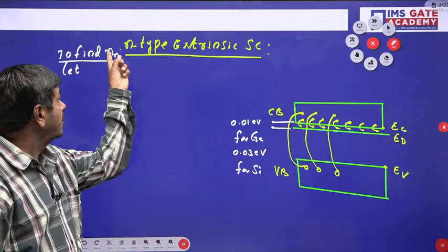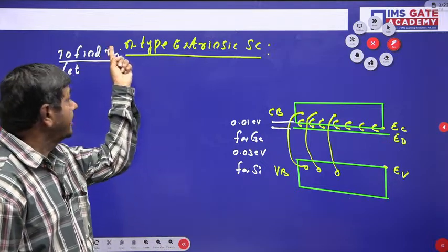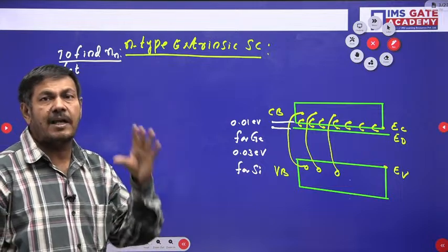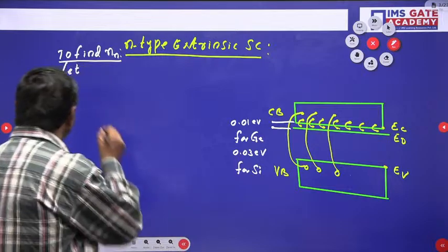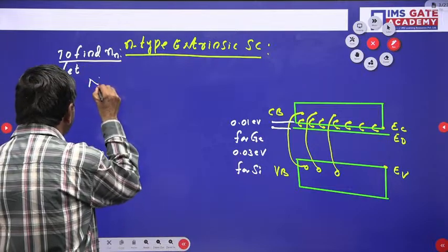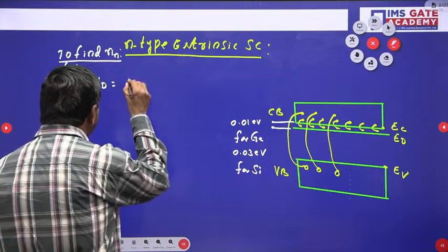N is nothing but the concentration of electrons. The concentration of electrons in the n-type extrinsic semiconductor I would like to find by using a formula. What formula? Let Nd be the symbol, and Nd is called the donor impurity concentration.